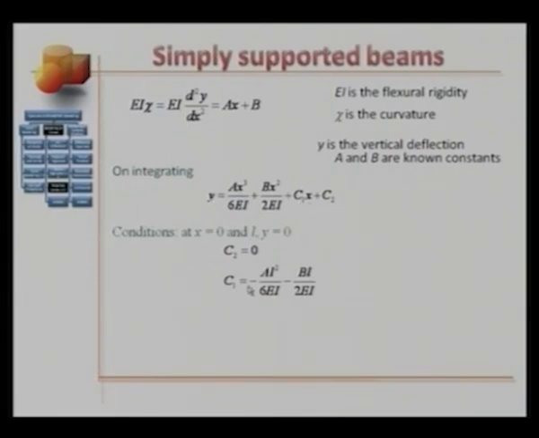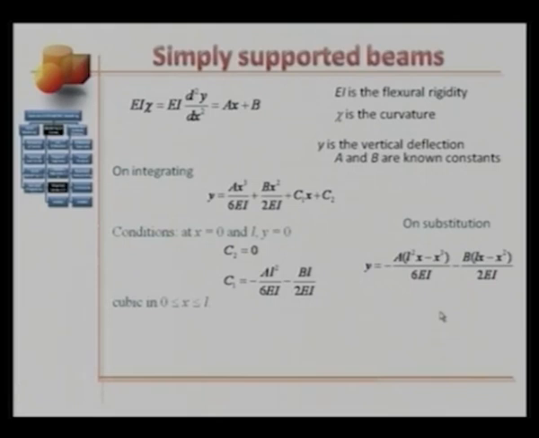So C1 will be minus of AL squared over 6EI minus BL over 2EI. If we substitute the values of C1 and C2 back into this equation, we have y equals minus a times (L squared x minus x cubed) over 6EI minus b times (Lx minus x squared) over 2EI. Once again, L is the beam length.